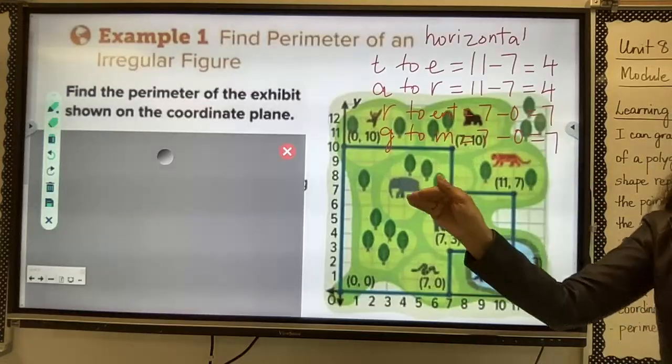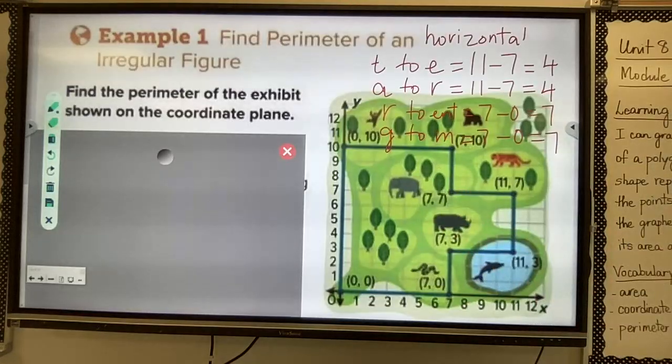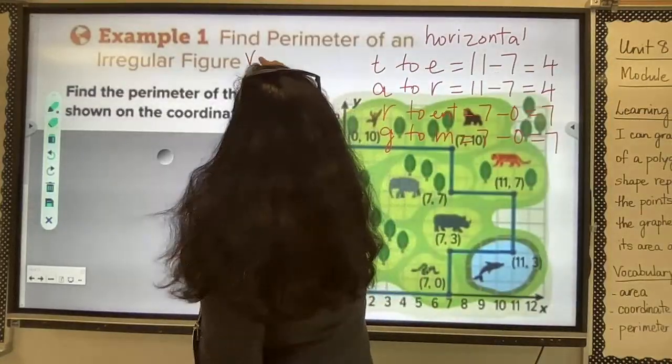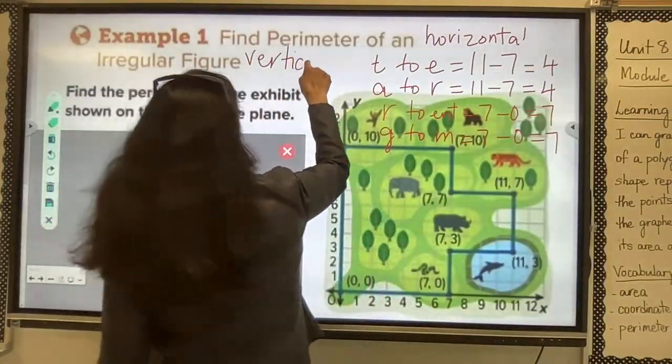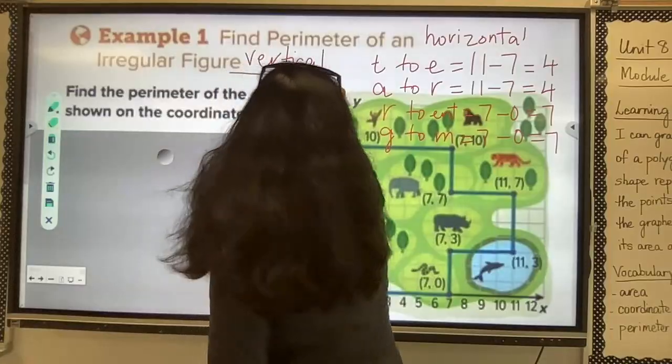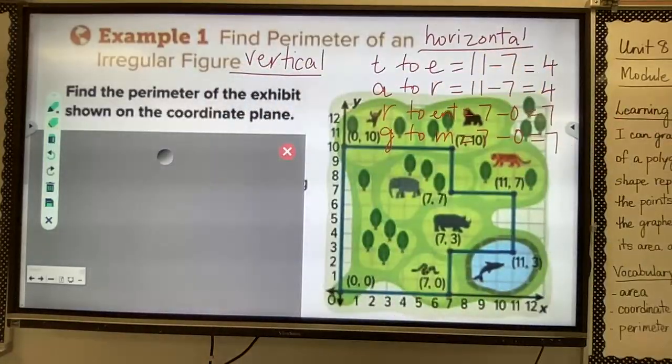So first I did the horizontal distance by subtracting the x coordinates. Now I'm going to find the lengths of the vertical line segments by subtracting the y coordinates. This is horizontal and that is vertical.